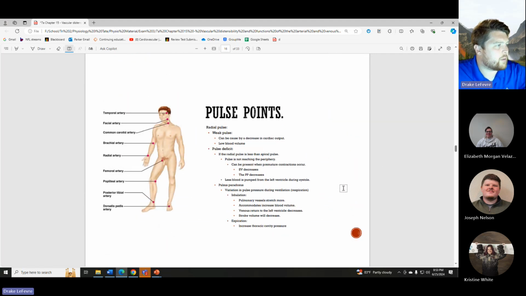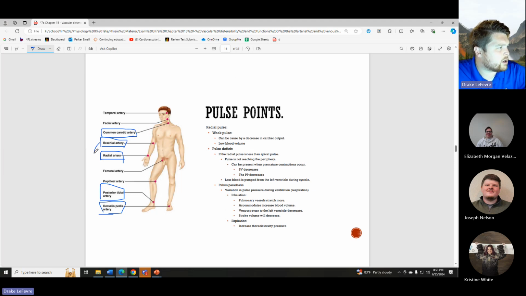Okay. Pulse points. This isn't super important. Ones that you'll really want to know are common carotid, brachial, radial, posterior tibial, and dorsalis pedis. Those are the most common ones to check, and will be on questions.